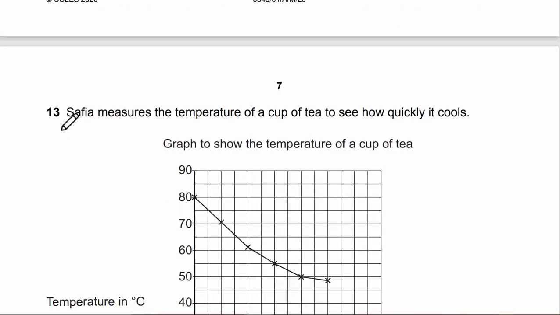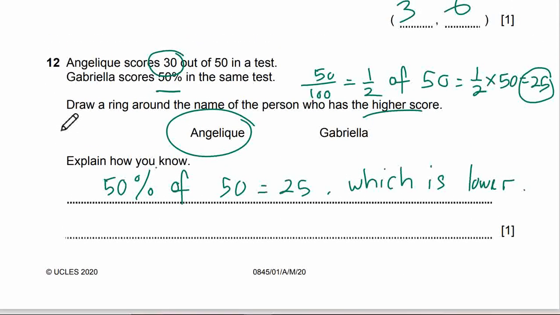And we can add that 25 is lower. So Angelique's score of 30 is higher.